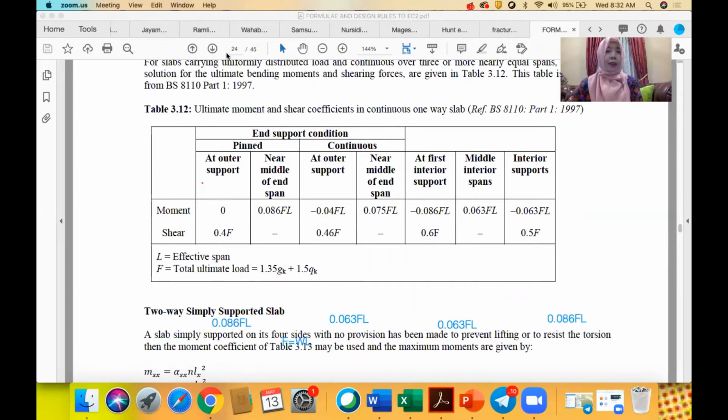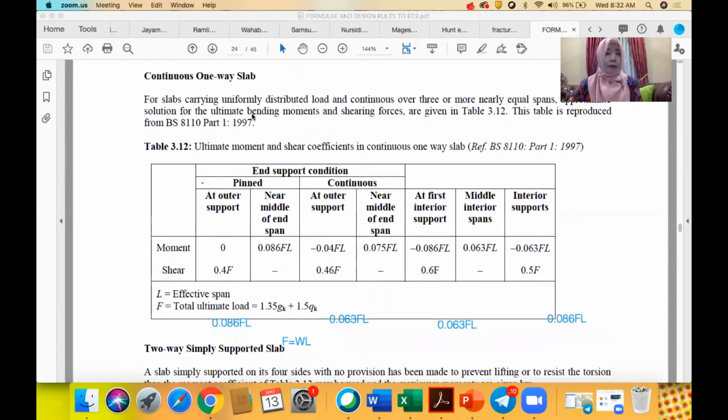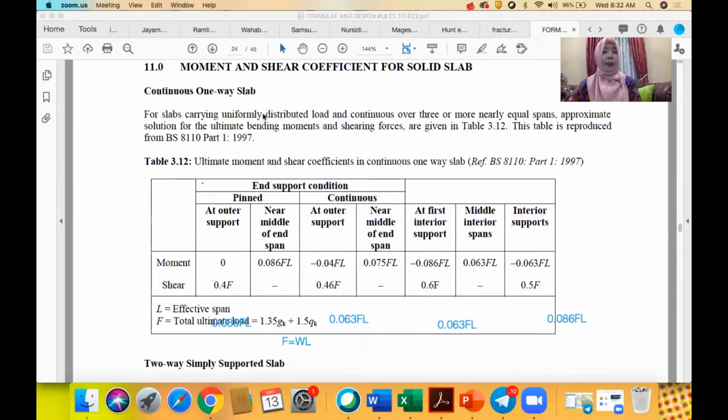For a slab carrying uniformly distributed load and continuous over 3 or more nearly equal spans. The important things are it must be nearly equal span, continuous over 3 spans, and carrying UDL.